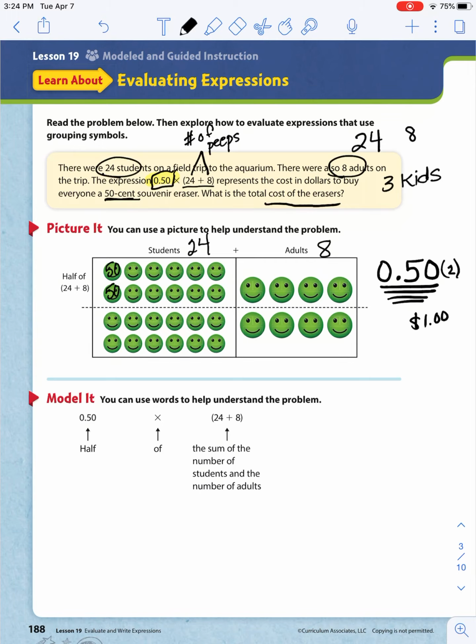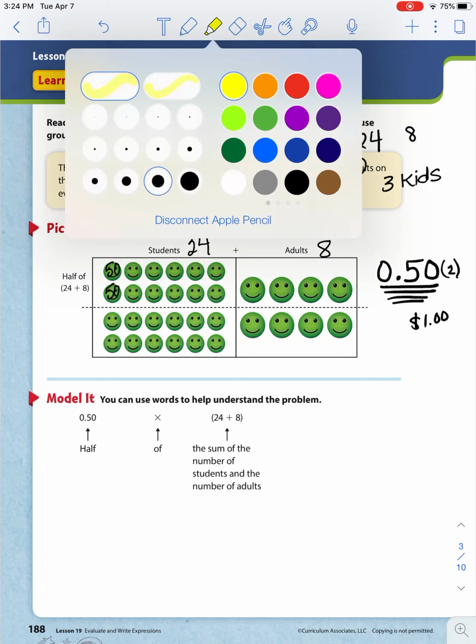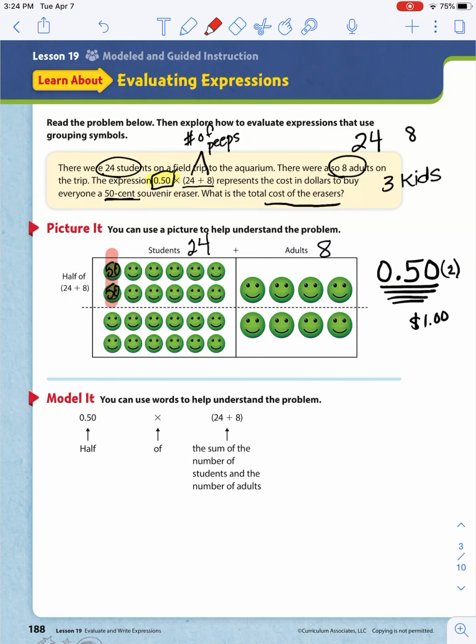If we do these in pairs like that, let me switch colors here, 2 will make $1. So there's $1, 2, 3, 4, 5, 6. So 12 kids is $6. If I double that, that's another $6. So $12 for these kiddos.